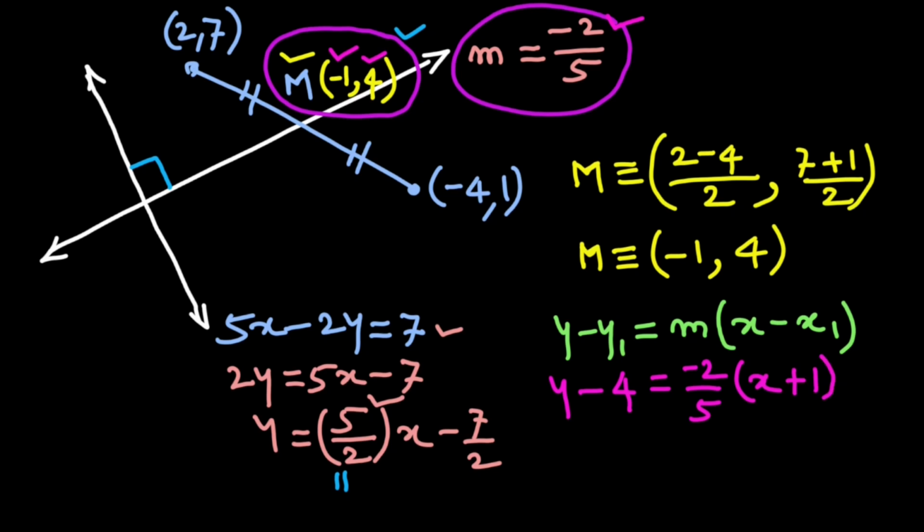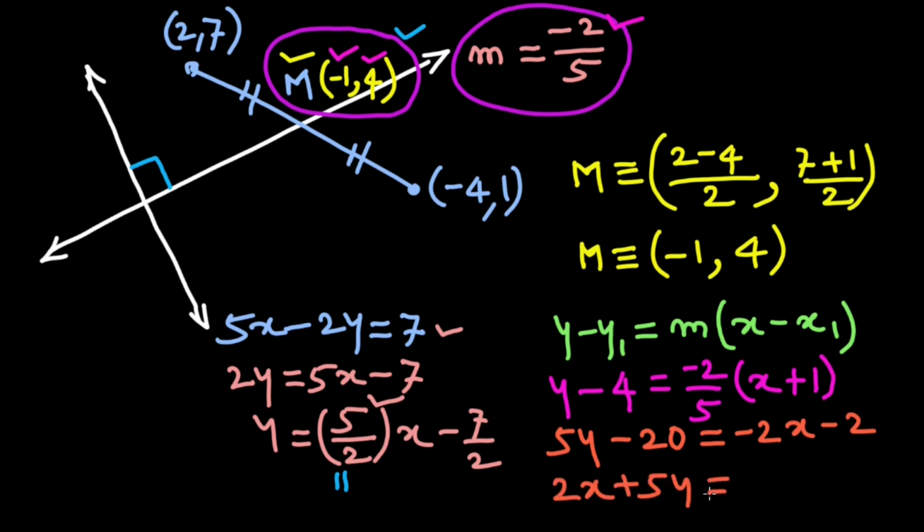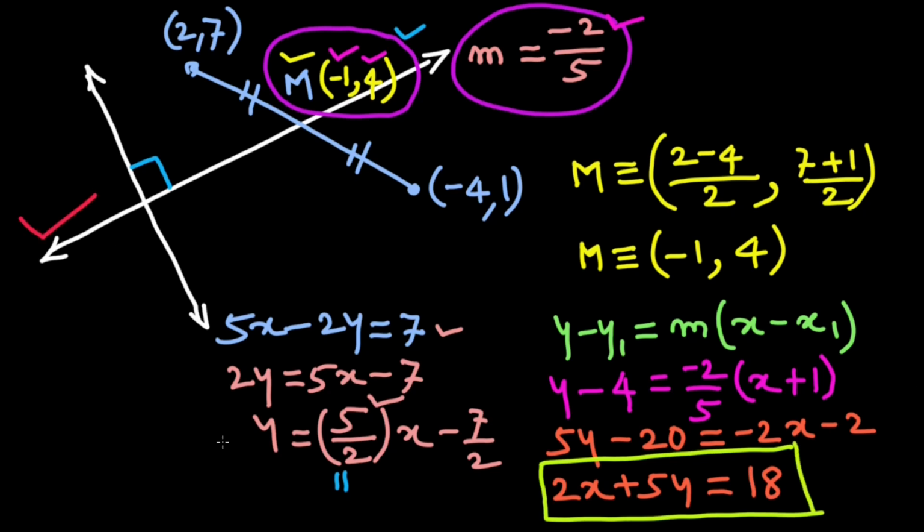So it will be, by cross multiplication, 5y minus 20 equals minus 2x minus 2, which will be 2x plus 5y equals 20 minus 2, which is 18. Therefore, 2x plus 5y equals 18 will be the equation of this required line.